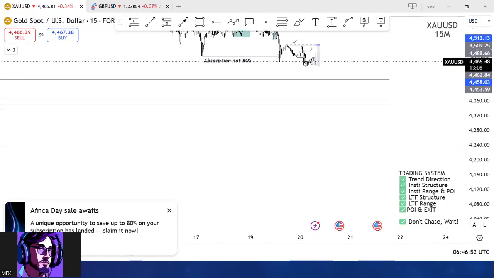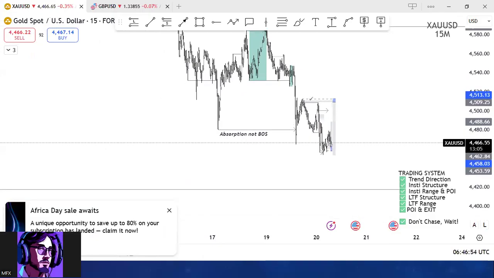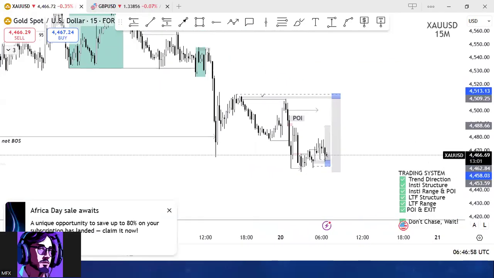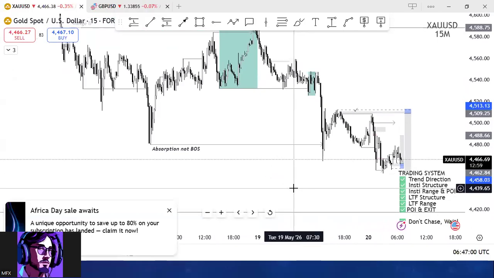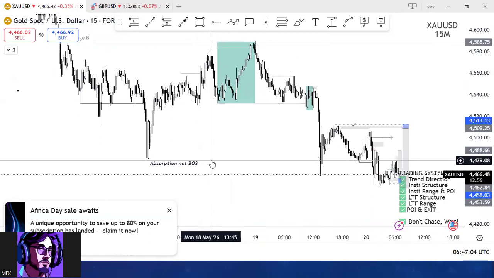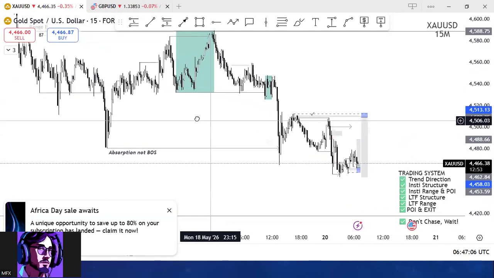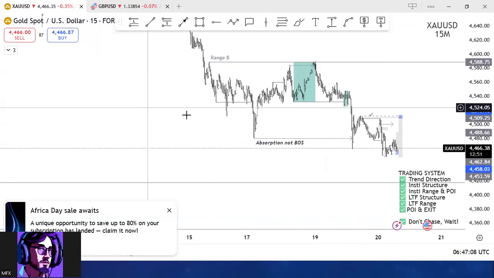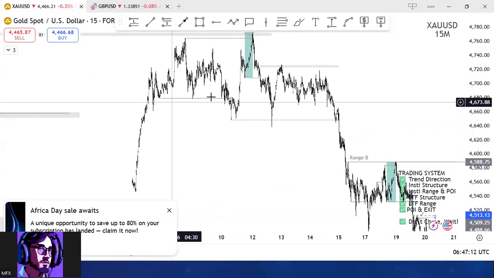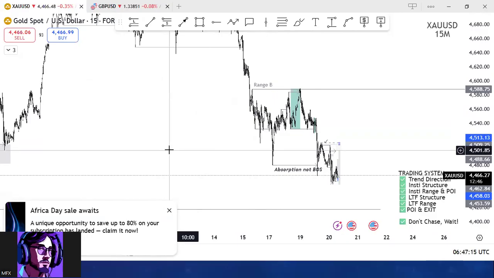This is a concept I've studied and I've used it over and over again. Now, overall, you could see that price is bearish on XAU. We've had double breaks lately. Break of structure, break of structure, break of structure, break of structure.